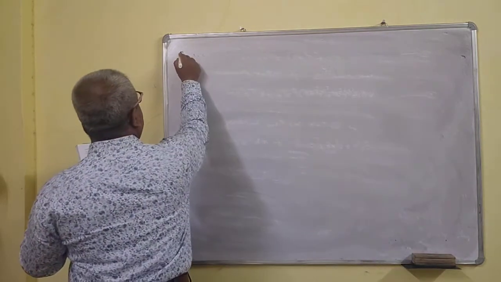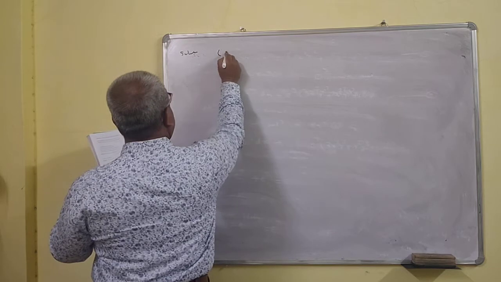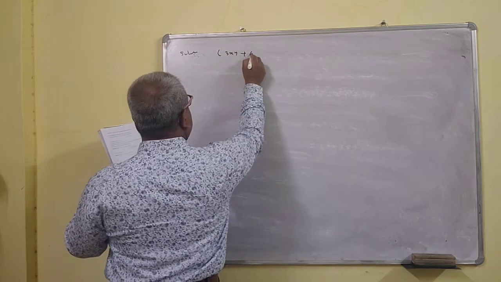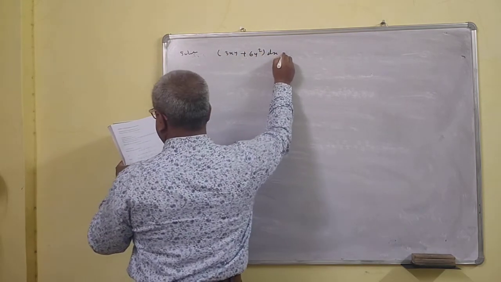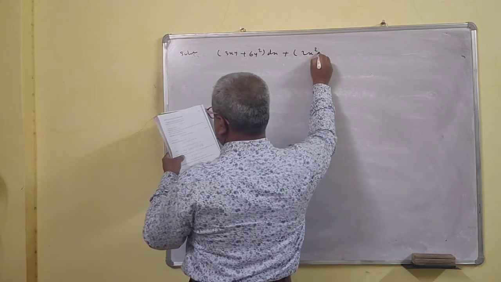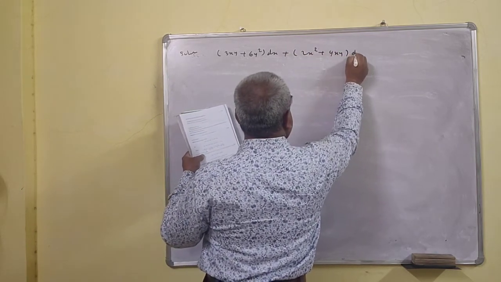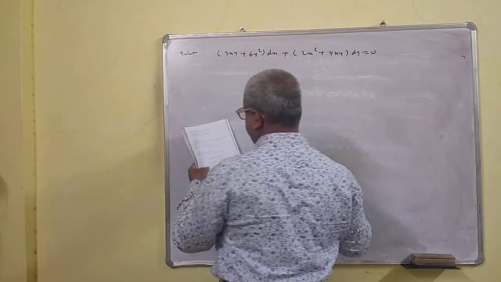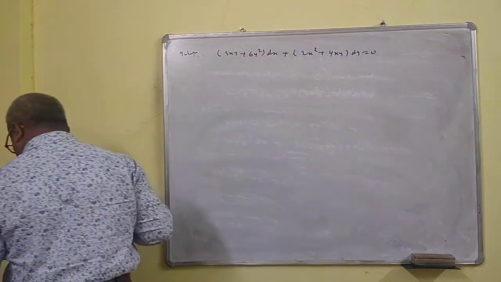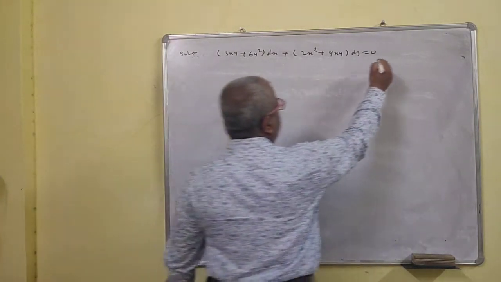Next, solve (3xy plus 6y²) dx plus (twice x² plus 9xy) dy is equal to 0. Okay, so we call this as 1.